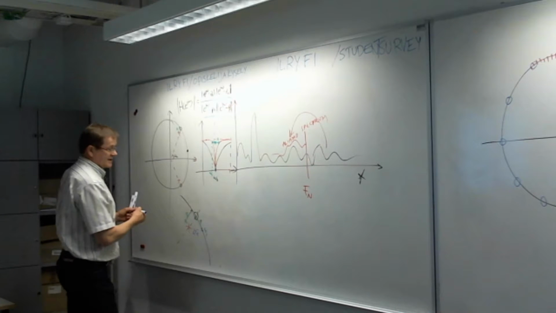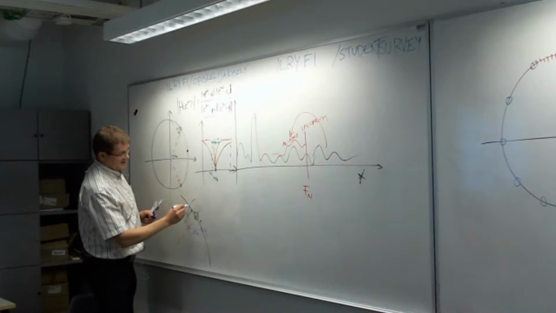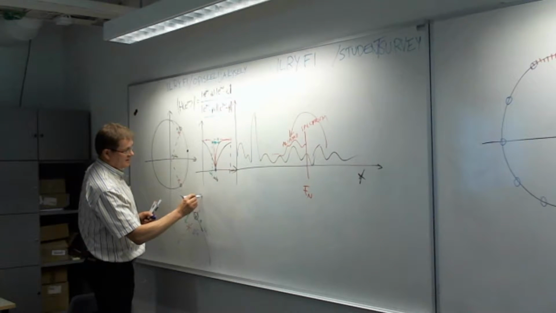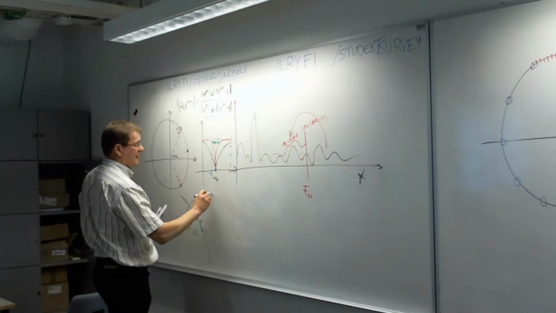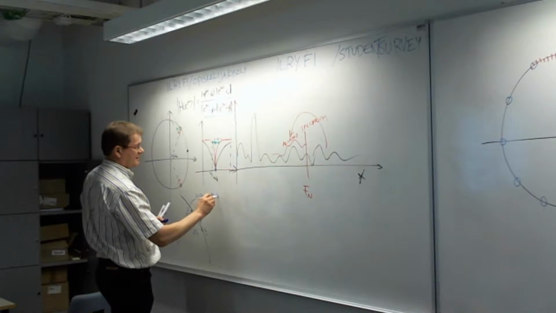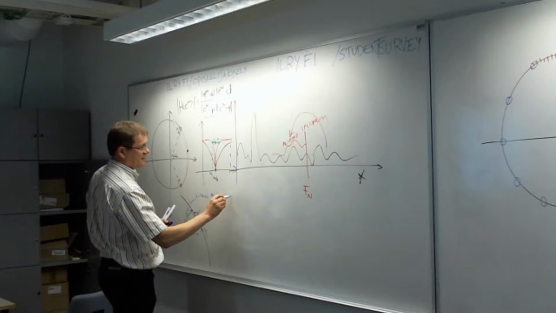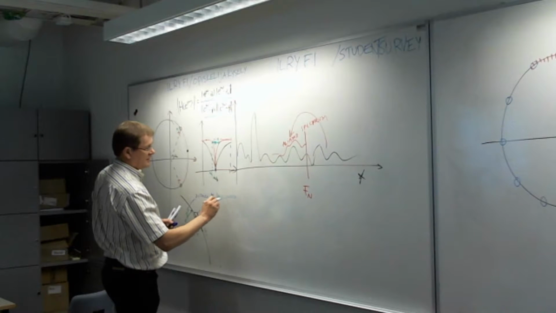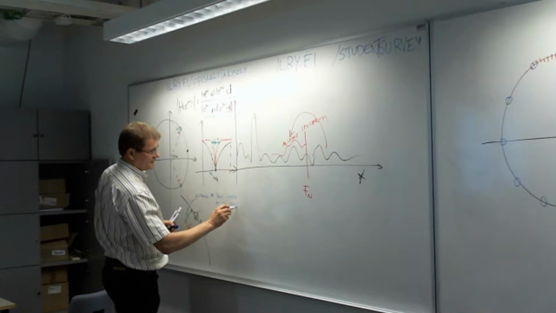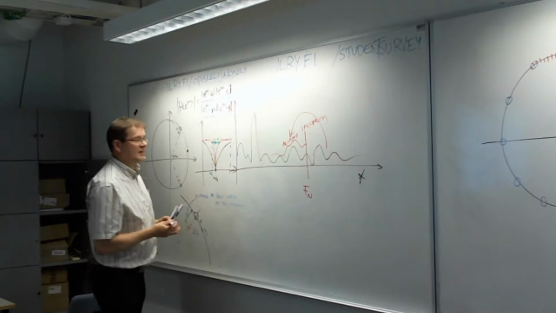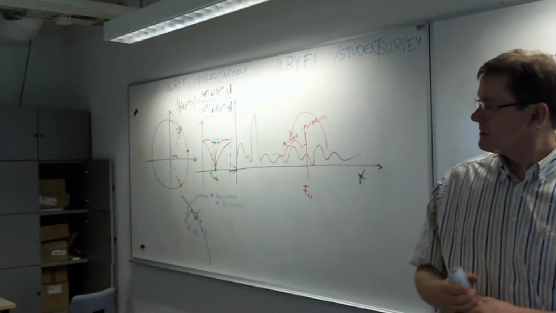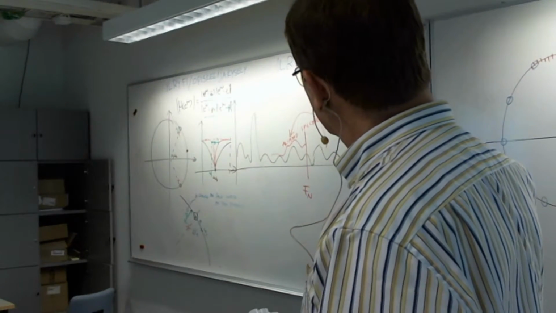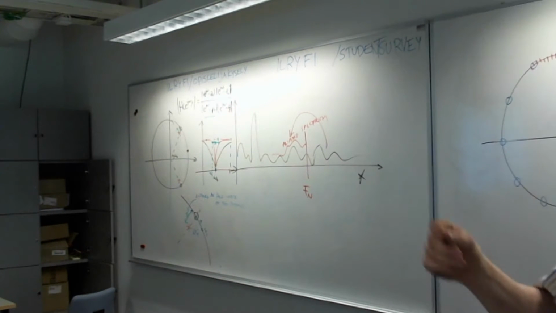So basically this distance is roughly the same as the half width of the stop band. There, simple. And that's the only IIR filter I recommend anyone to design by hand.